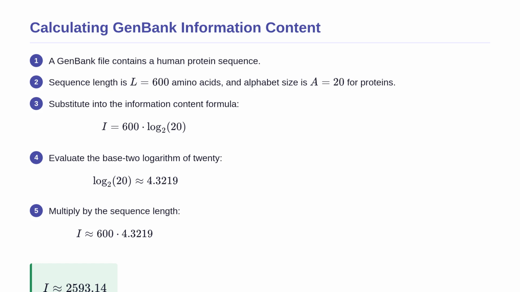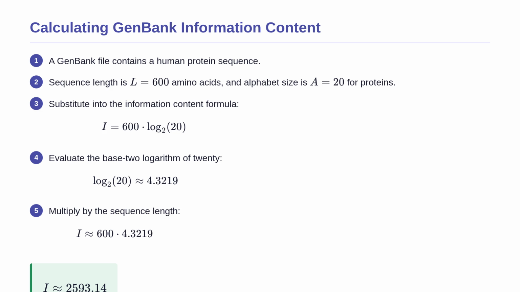Let us see this information formula in action with a GenBank file containing a functional human protein sequence. The sequence is 600 amino acids long, so L is 600. Because it is a protein, there are 20 standard amino acids, making our alphabet size A equal to 20. We substitute these into our logarithmic equation.